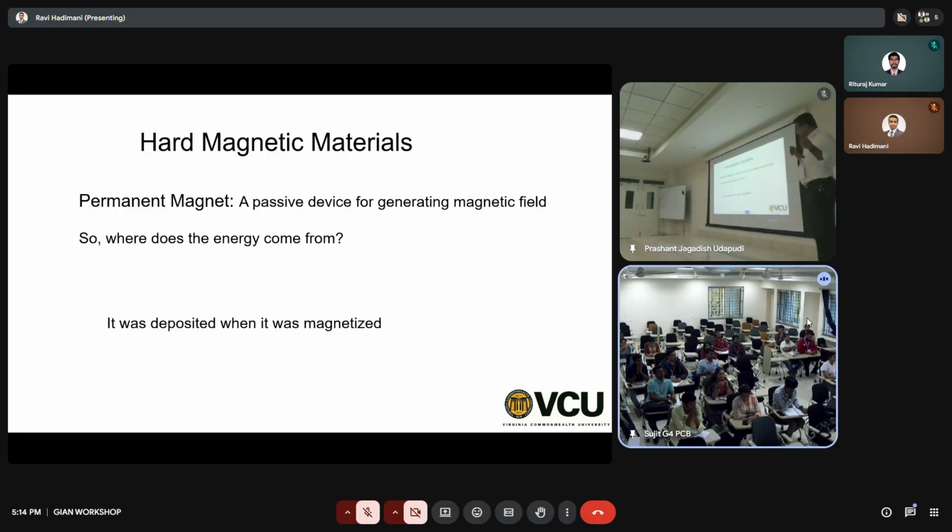Similarly, you have created a spin alignment, and because of the nature of the spins, they can't go back to their ground state. They're all stuck in one direction, and there are so many atoms stuck in one direction that you get additive effects. It doesn't change, like a spring. You deposited the energy and it's stuck there. If you want to make it zero, you have to bring all the spins back to the ground state.